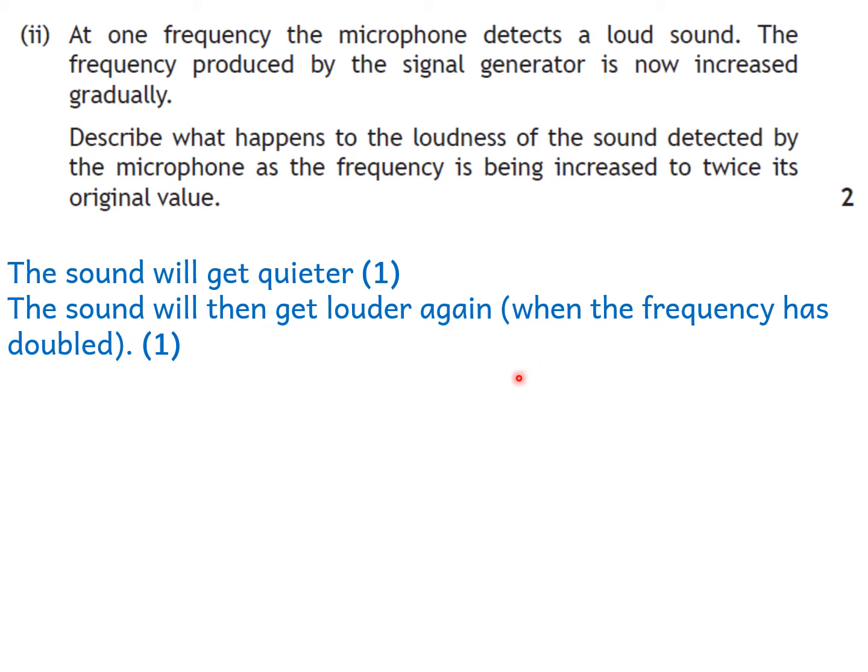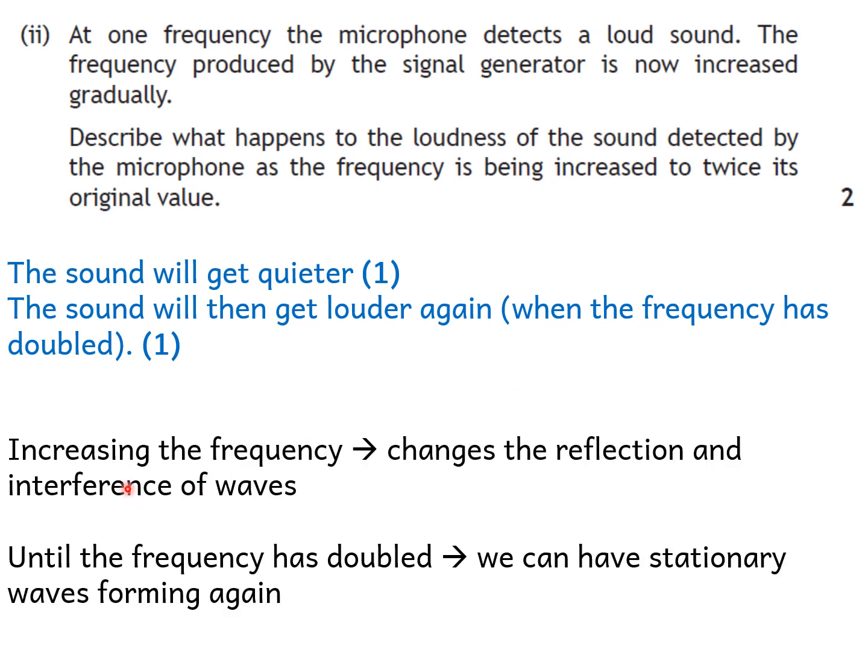Now, why does that happen? You're not asked to explain that, you're only asked to describe it, but let's dig down and see if you understand what's happening. Increasing the frequency changes the reflection and interference of the waves. If you've seen that video of the string being vibrated, when you change the frequency, you change the shape of the stationary wave.